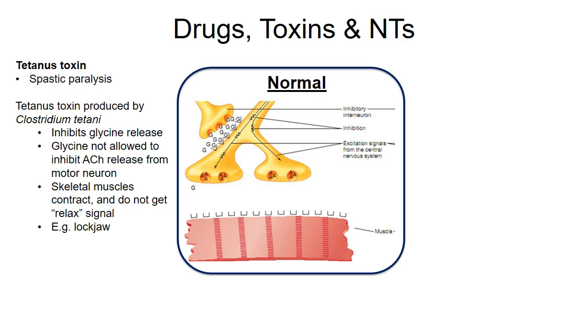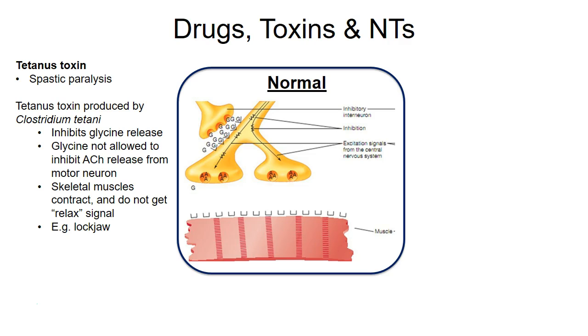Okay, so it's kind of like putting the brakes on the motor neuron. So if we're putting the brakes on the motor neuron, what are we doing to the amount of acetylcholine being released? Are we increasing or decreasing? Should be decreasing, right? Right. So here in a normal situation, this neuron is making sure that not too much acetylcholine gets released, just the right amount gets released. Everybody with me on that? Okay. That's how it works.